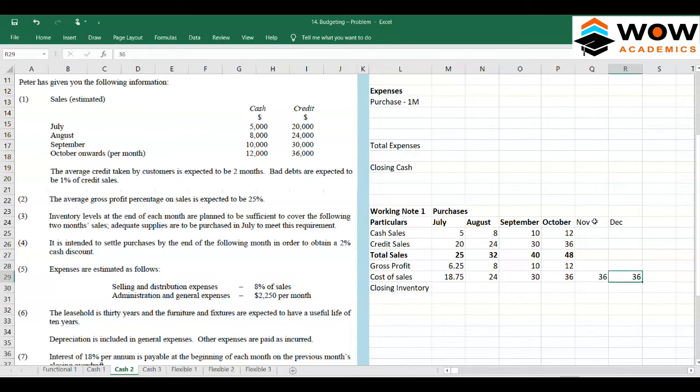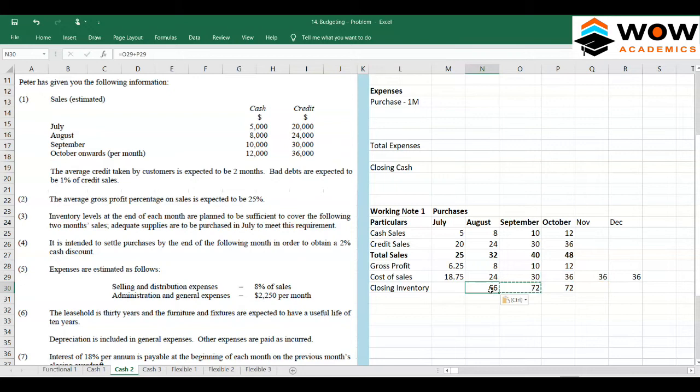So these two cost of sales should have been bought and kept in October. So this number plus this number has to be in as closing inventory. So what about September? September would be these two amounts.